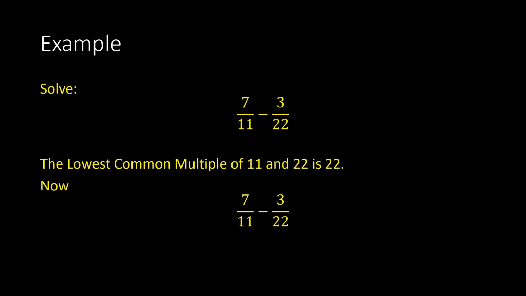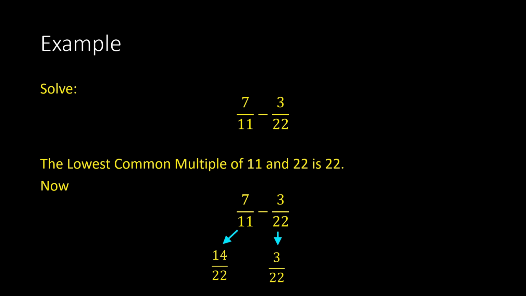So, we multiply the numerator and denominator of 7/11 by the same number 2 to give 7/11 equals 14/22. And we can leave the fraction 3/22 as it is, because the denominator is already 22.